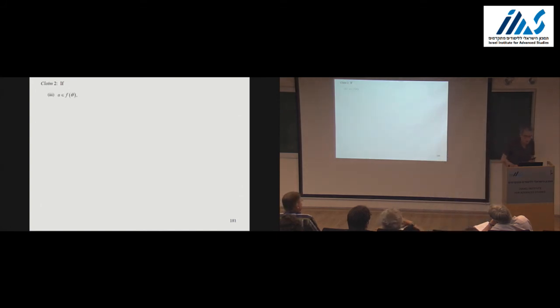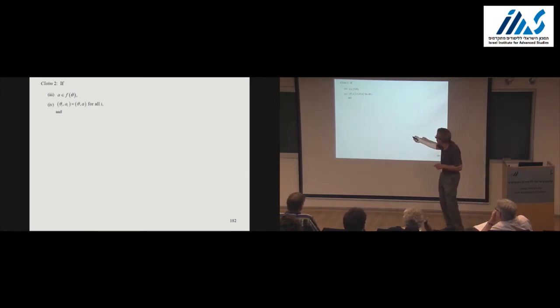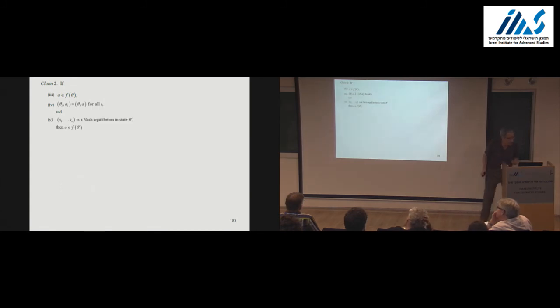So the first case is what happens if everybody is announcing the same state and everybody is announcing the same outcome, and the outcome that they're announcing is optimal for that state, but the state is actually not the true state. The true state is theta prime.